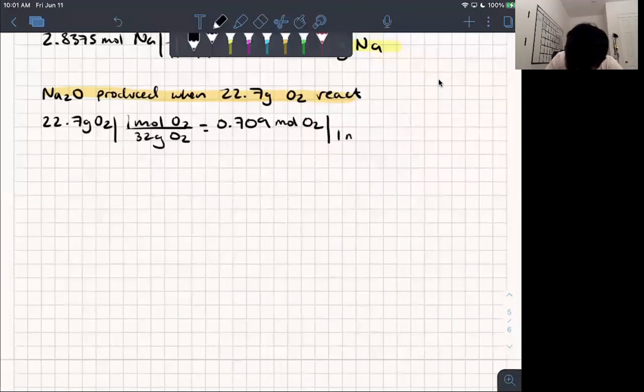So 1 mole O2, 2 moles Na2O. Let's see what that equals. 0.709 times 2 is 1.418 moles of Na2O.